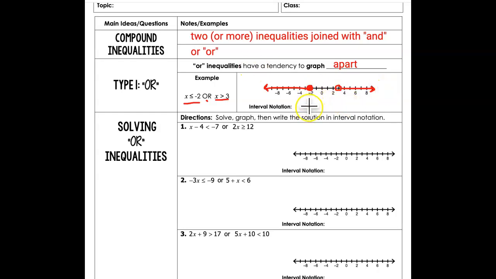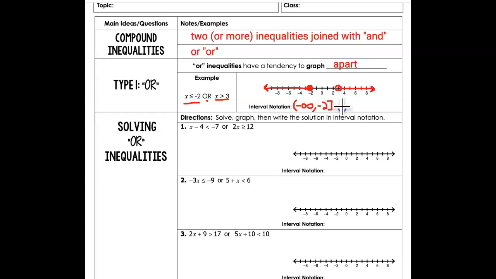Now for the interval notation, we have to write this twice. So for this part on the left here, the smallest number is our -infinity. So I put my -infinity, and then it goes all the way to -2. -2 is included, so I put a bracket.